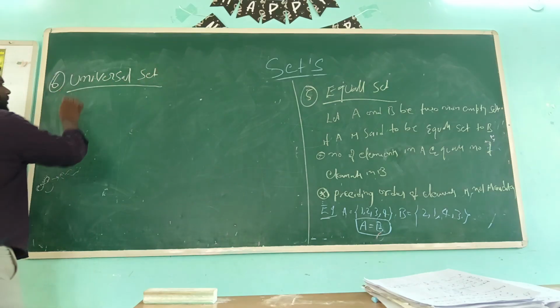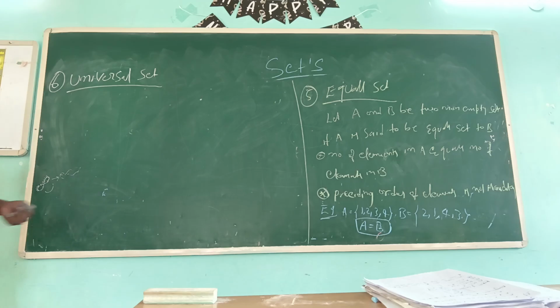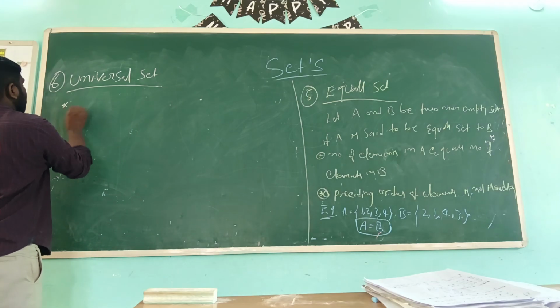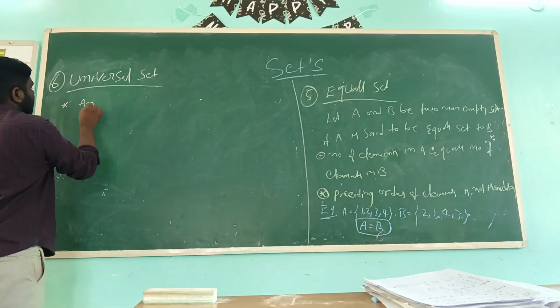Universal set. Understood? What is the universal set?